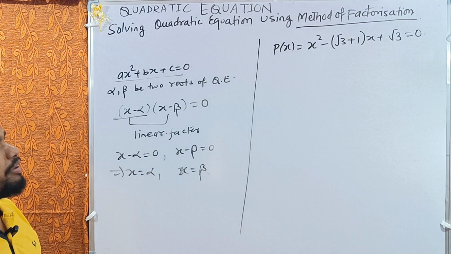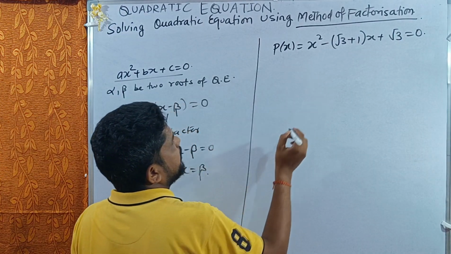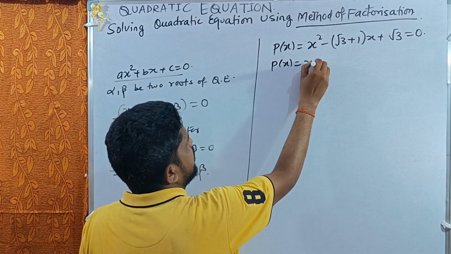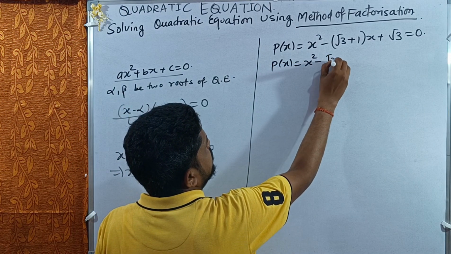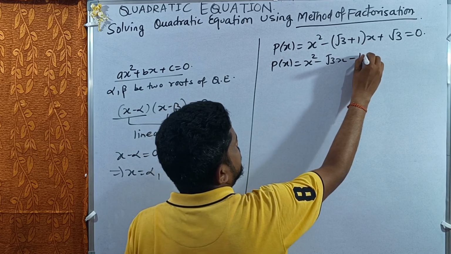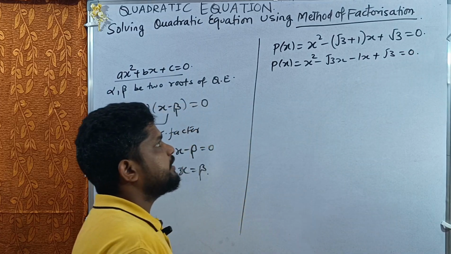So let us expand this quadratic equation. We will get p of x equals x square minus root 3 x minus 1 x plus root 3 equals 0, isn't it?